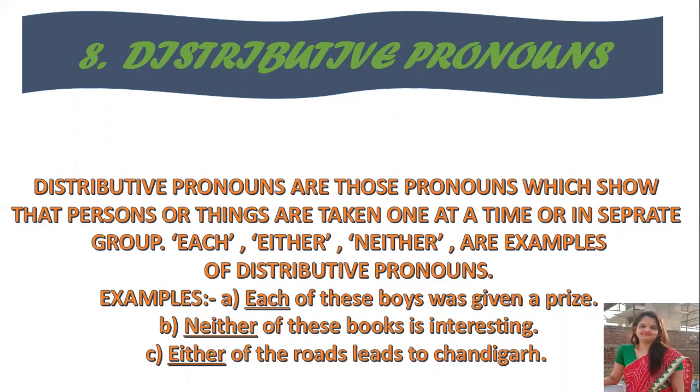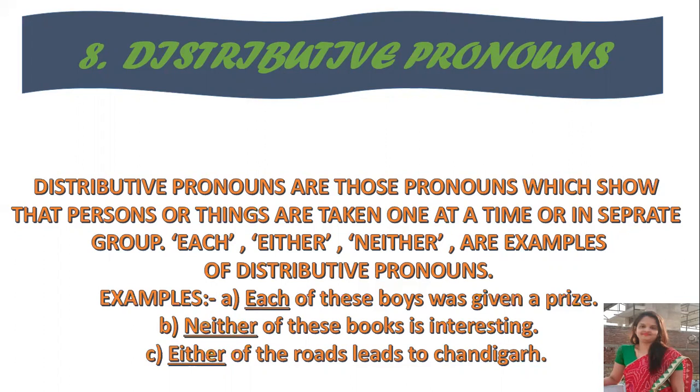So distributive pronouns are those pronouns which show that persons or things are taken one at a time or in a separate group. Means each thing is taken one at a time or in a separate group.